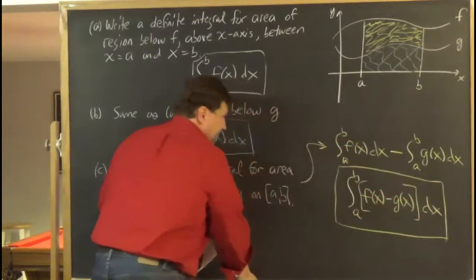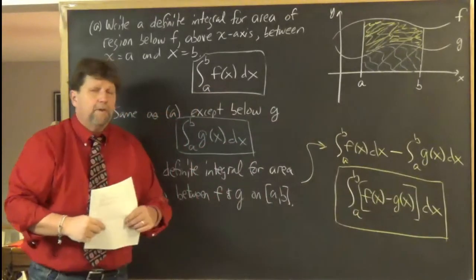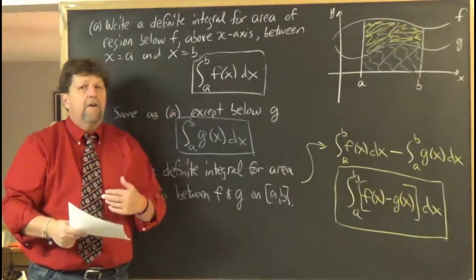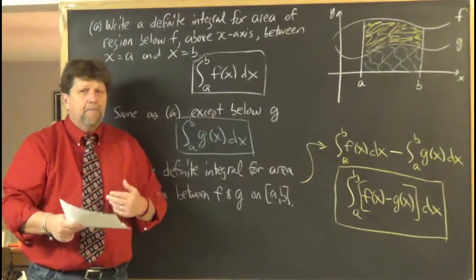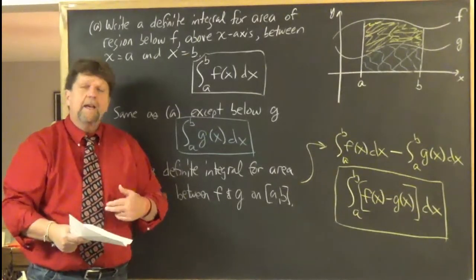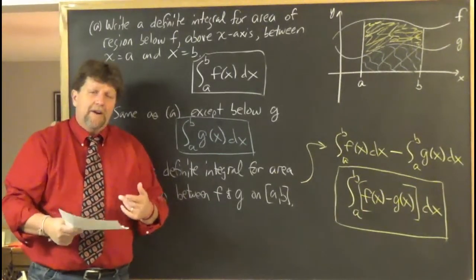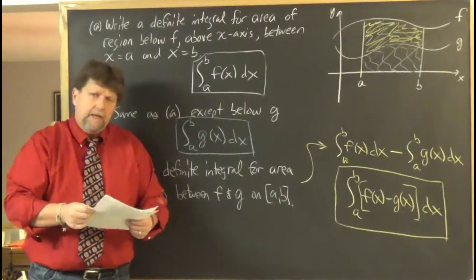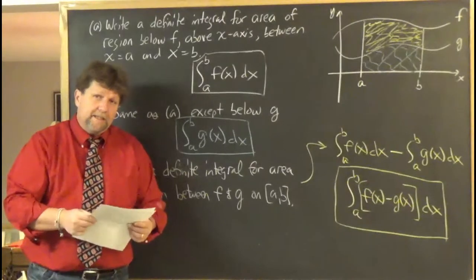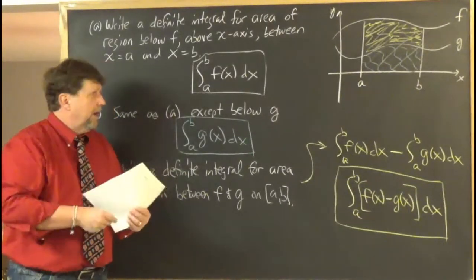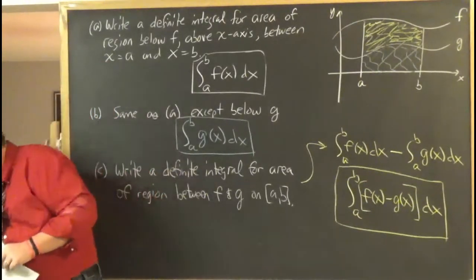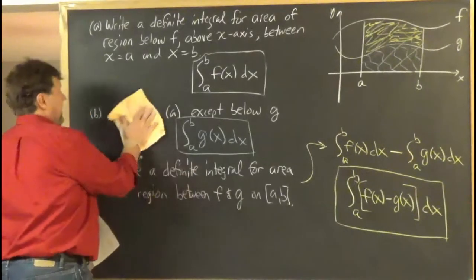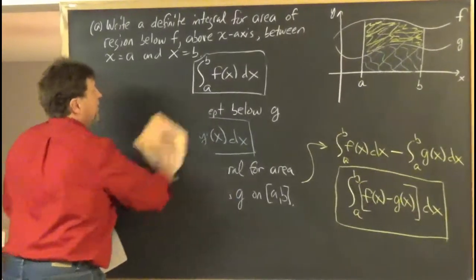And that's the definite integral that would represent the area between the graphs of f and g on the interval a to b. In general, that's how we find area between curves. So, I'd like to generalize this just a little bit. Let me erase the board and just generalize what we did here.